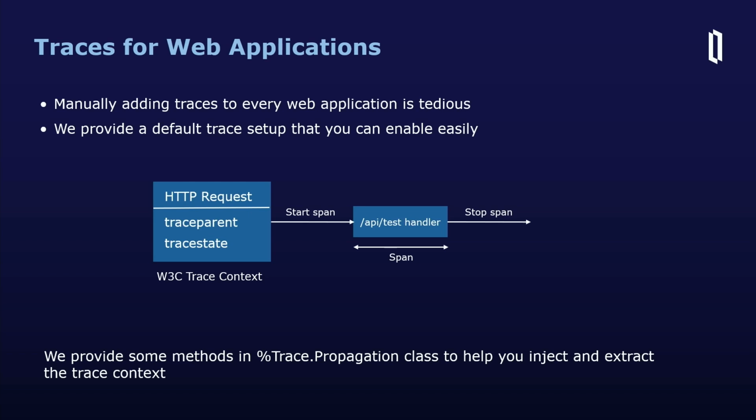So we provide you a default setup that you can just enable. So how does it work? When an HTTP request comes in, we will start a span for you. And after you are done processing the request, we will stop the span.